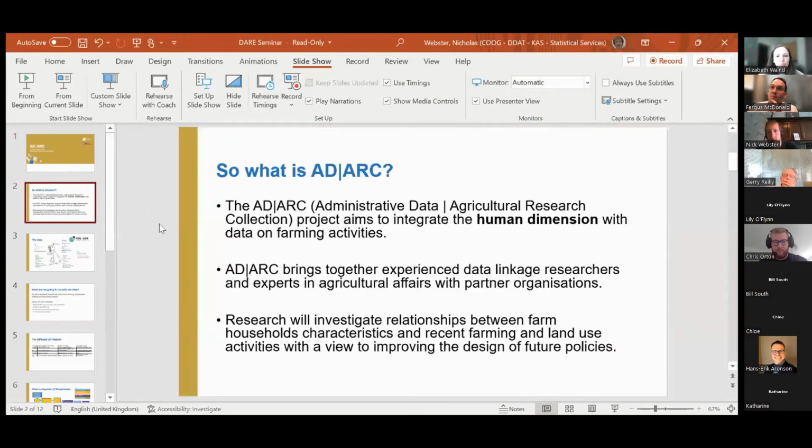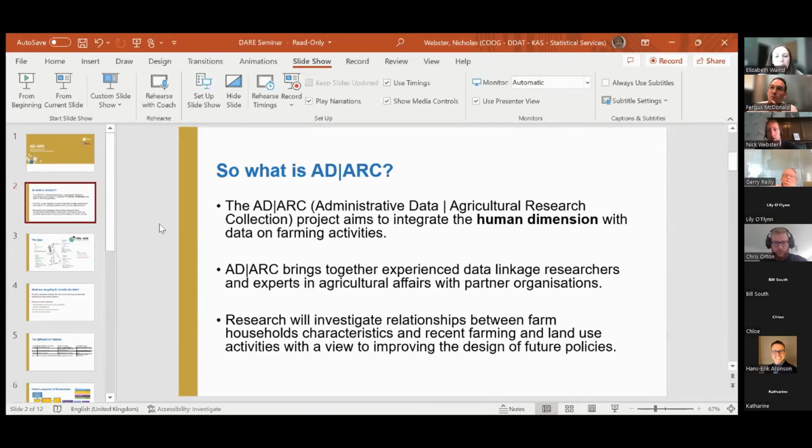So what is ADOC? The ADOC project is Administrative Data Agricultural Research Collection, and this aims to bring together data on the human dimension of farm households, so individuals in farm households, with data on farm activities. We've been able to study both in isolation before, but this is the first time we've ever been able to look at both at the same time, and it provides some really exciting opportunities to use administrative data in very secure and legal and ethical ways to really help support the farming sector as it faces some significant challenges over the next few years.